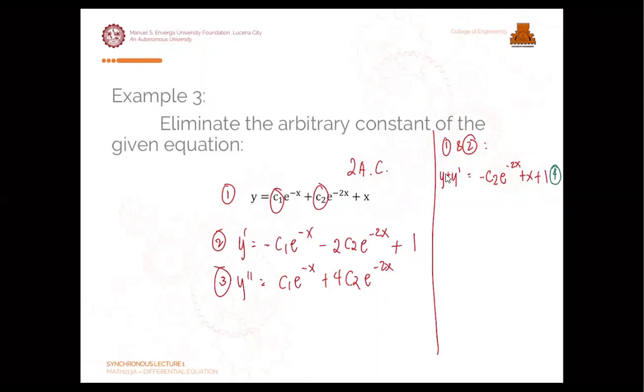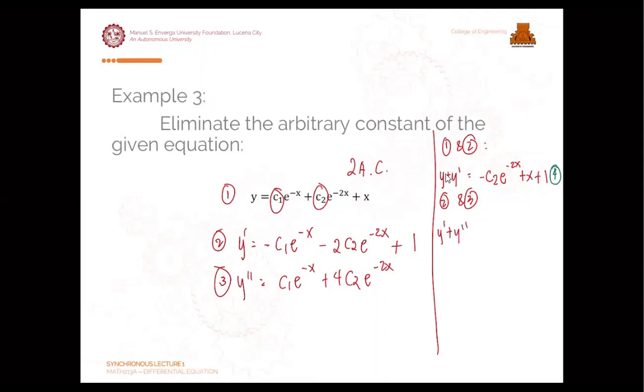Okay, so we will have y prime plus y double prime.